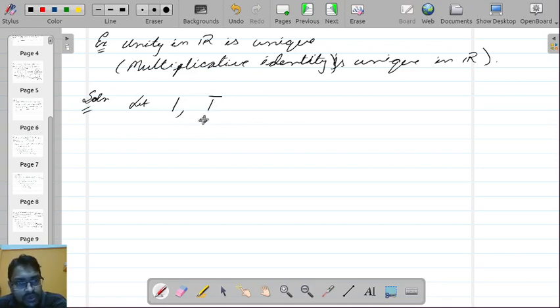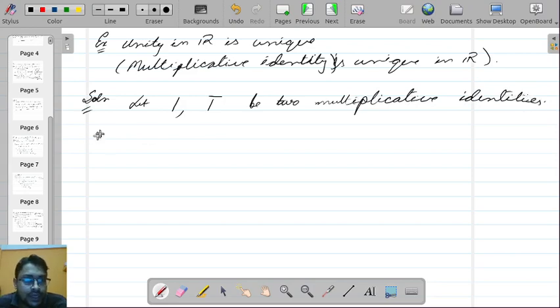This proof will be very similar to whatever we had done. So let 1 and 1 bar be two unity elements, or multiplicative identities.